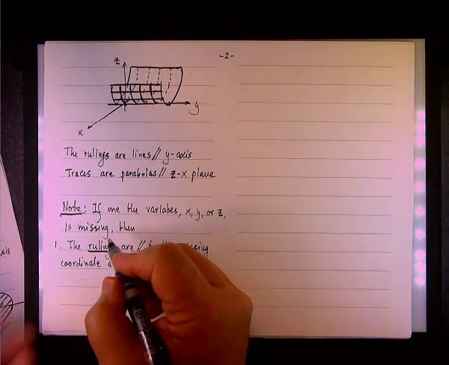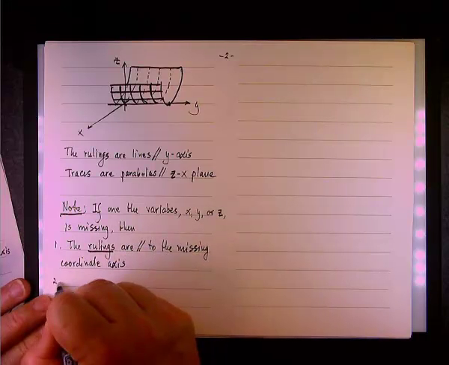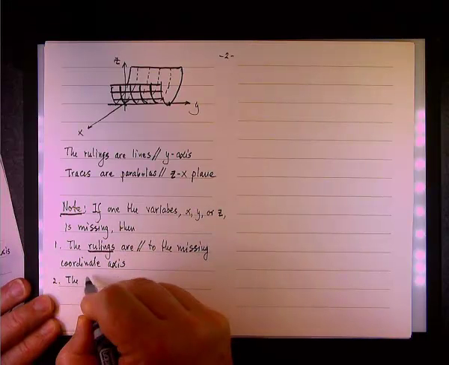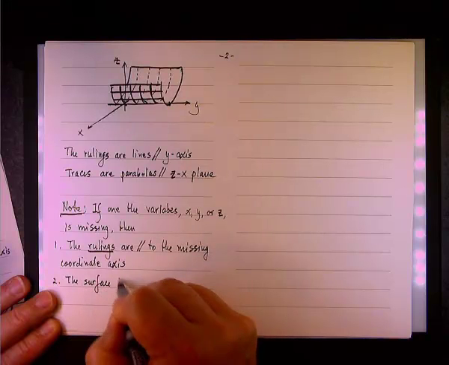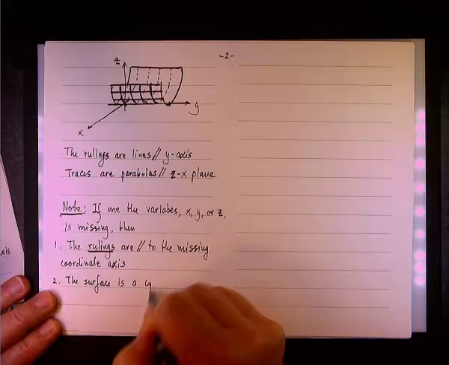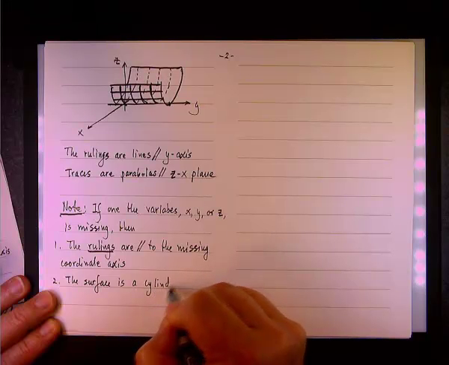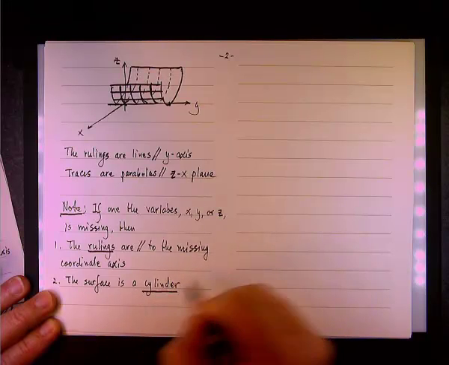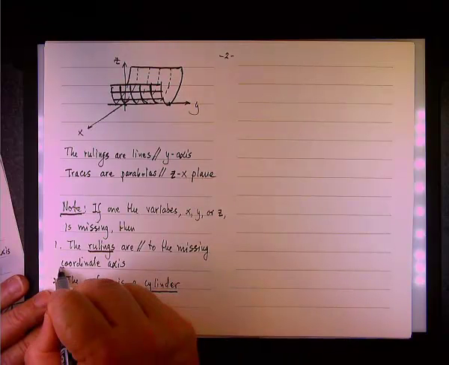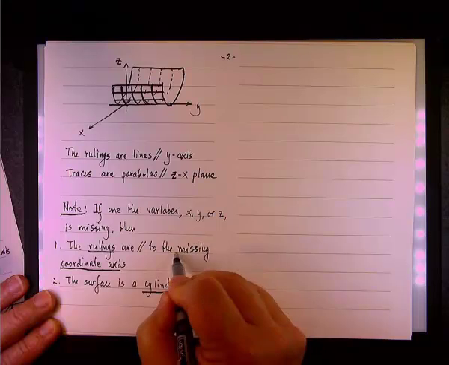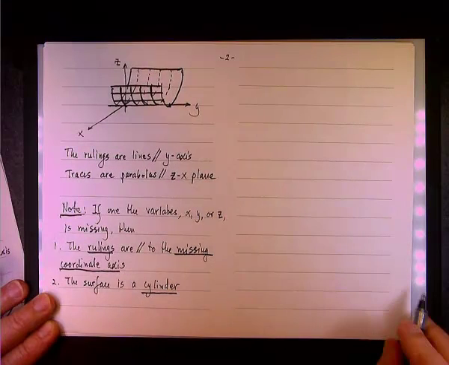That's about the rulings, and the surface is a cylinder. Okay, so the rulings are parallel to the missing coordinate axis.